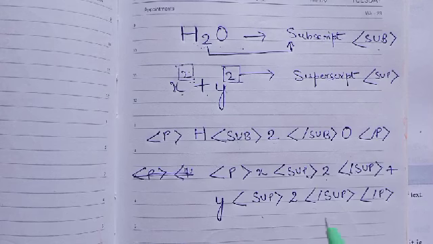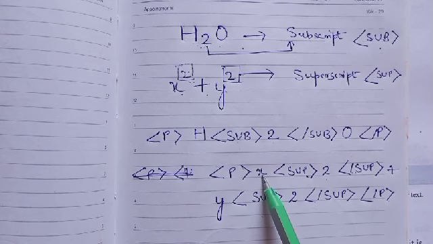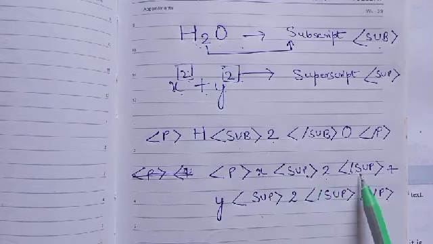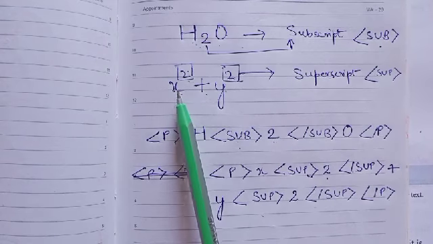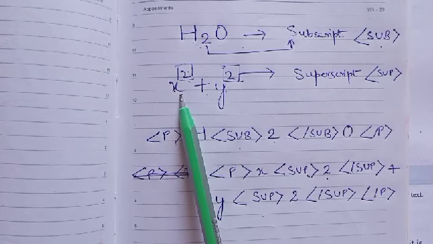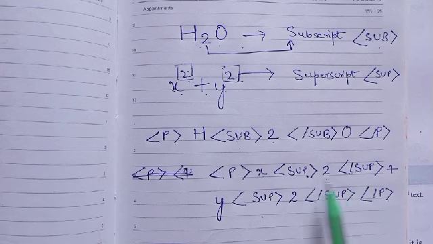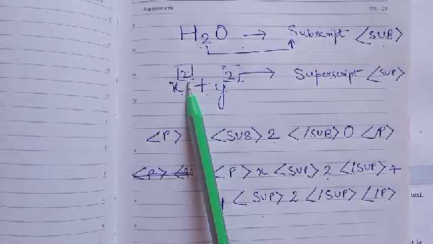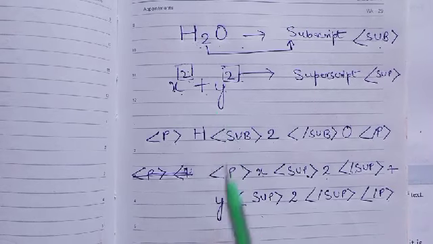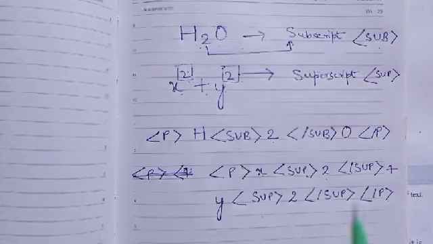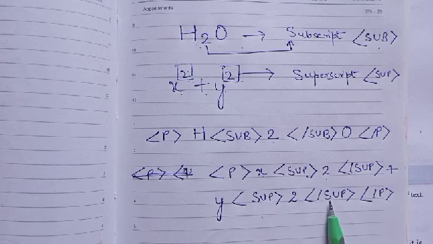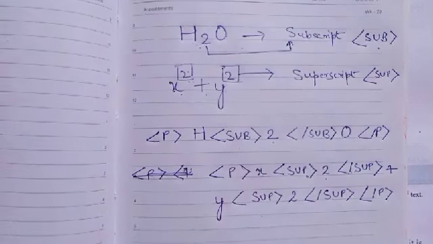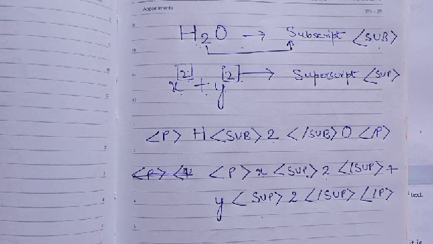So with this you will find that X, because it was not used in the SUP tag, will be displayed as usual text, but between the SUP tags we have mentioned 2, therefore this 2 will appear as the superscript. Then the plus sign as usual, Y as usual. Again in the SUP tags we have used 2, and this SUP will make it superscript. So this way we can make something superscript and subscript.